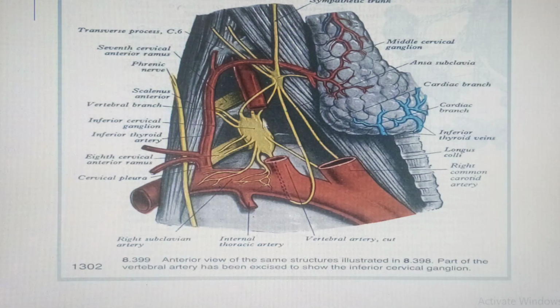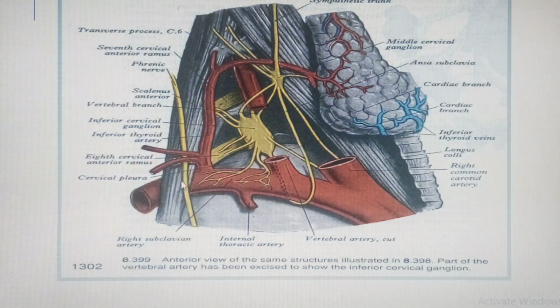So there we are. This is the first part of the vertebral artery. If we take a section, I said it will be running superficial to the stellate ganglion, or the inferior cervical ganglion, and running lateral to it will be the scalenus anterior muscle.